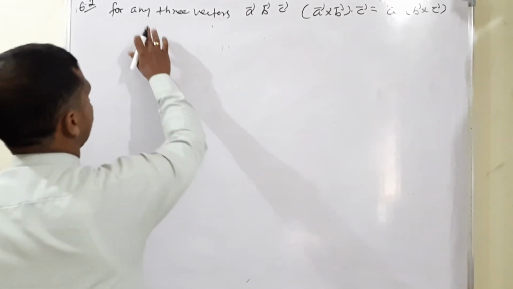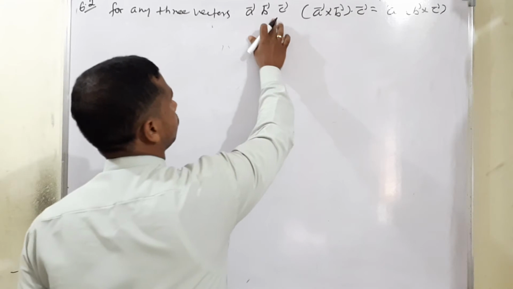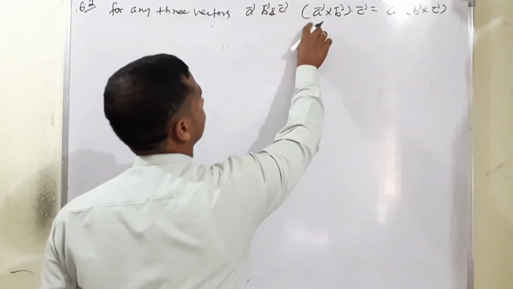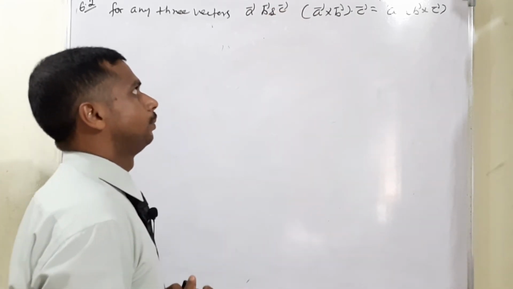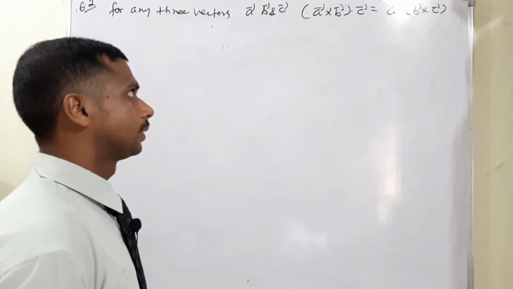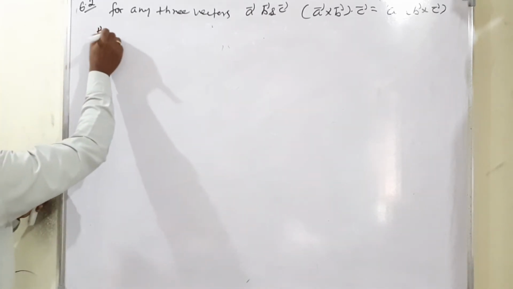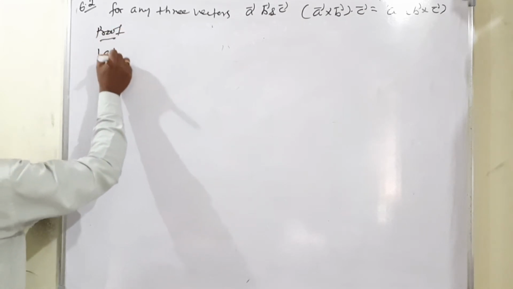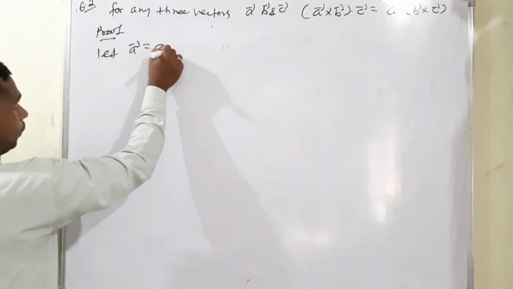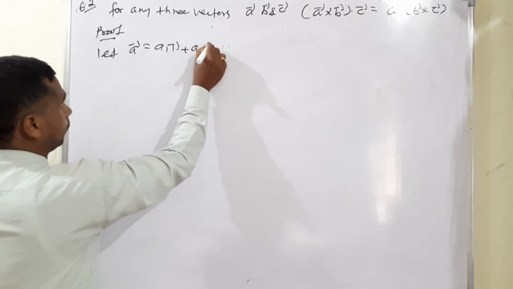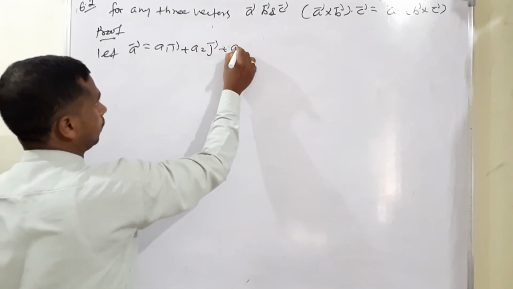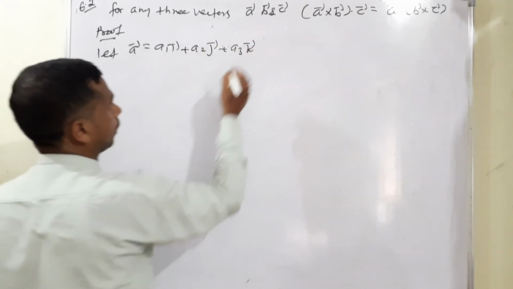Theorem 6.2: for any three vectors A vector, B vector and C vector, we have to prove A vector cross B vector dot C vector is equal to A vector dot B vector cross C vector. So proof: let us consider A vector is equal to A1 I vector plus A2 J vector plus A3 K vector.